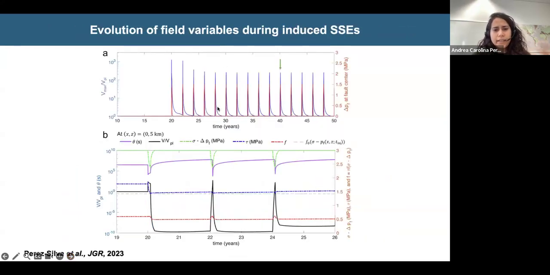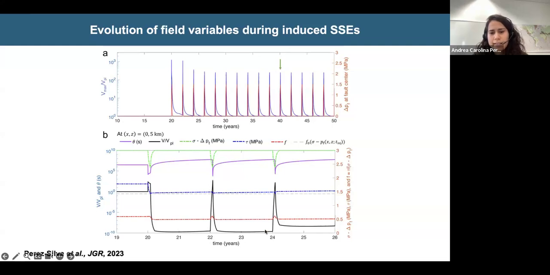So these are just to illustrate how the model behaves, the evolution of some of the field variables, where this black line indicates the slip velocity. You see that the perturbation induces orders of magnitude change in the slip velocity, which then in the period between perturbations drops way below the plate rate, which is in this case given by this line.